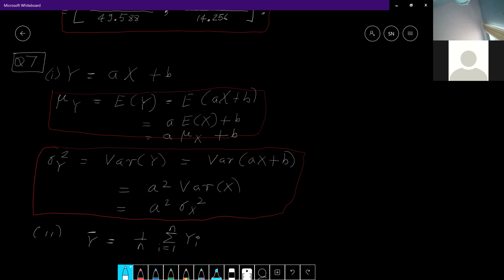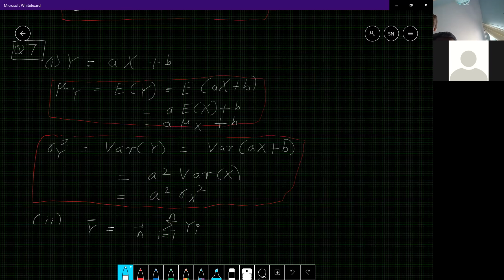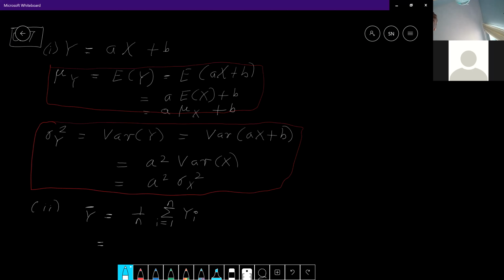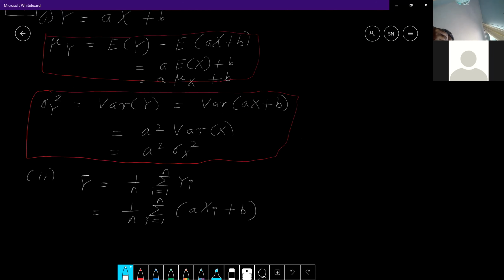Now we know that yi is axi plus b, so you can write this as the sum of a times xi plus b. If you take the summation inside, you get 1 over n times a times the sum of xi plus the sum of b.